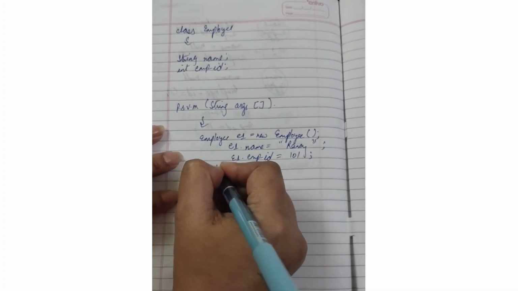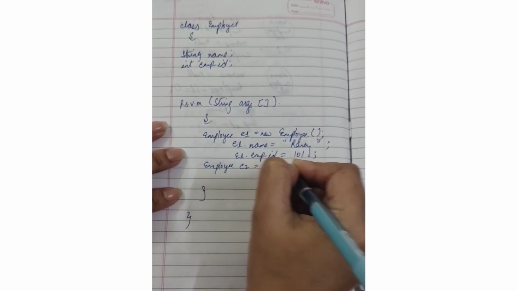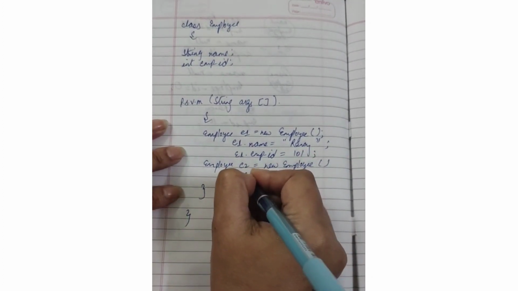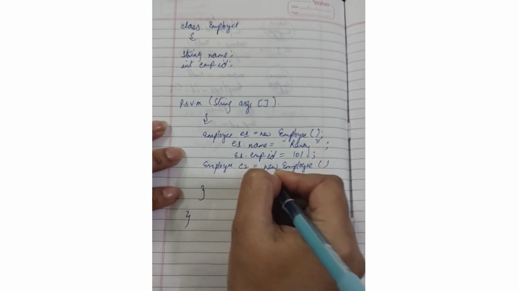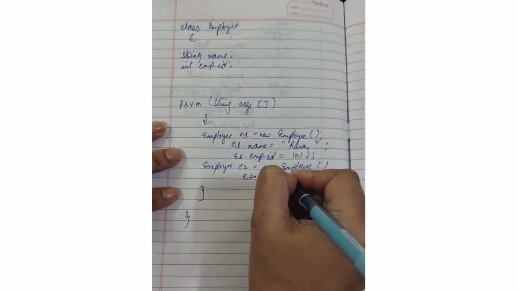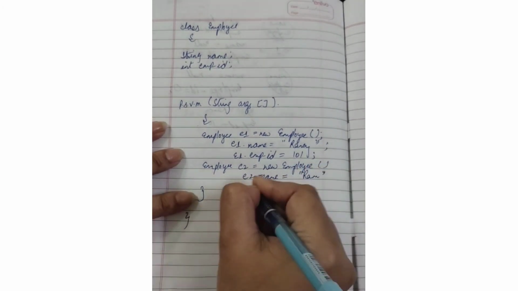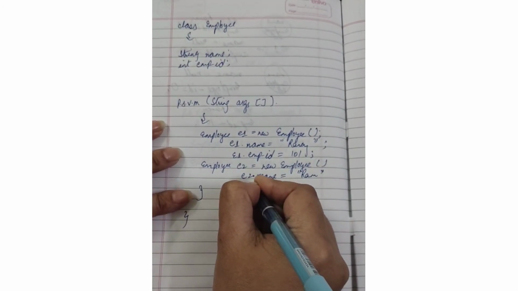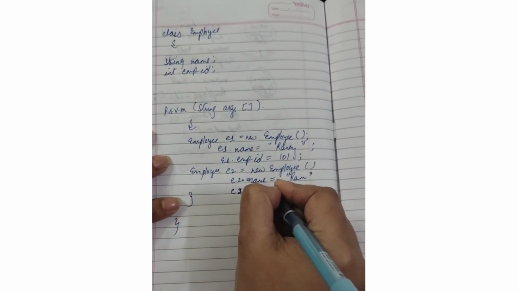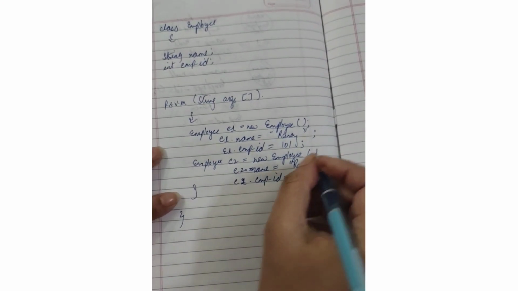Employee E2 is a new Employee. Now E2 dot name is Ram and E2 dot employee ID is 102, right?